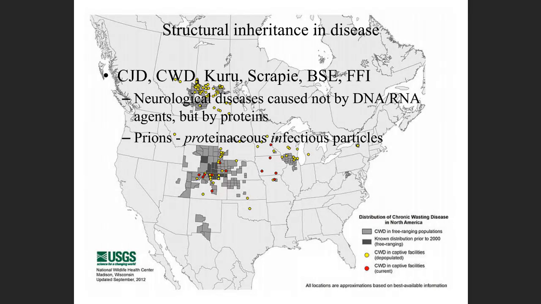It sort of shut down beef production in England, and there was a good deal of concern about it. And there still is. But what's interesting is these neurological diseases are not caused by DNA or RNA, but by proteins, specifically prions, which stands for proteinaceous infectious particles. So these are misshapen proteins that can cause the same proteins in other cells to undergo the same change of shape.